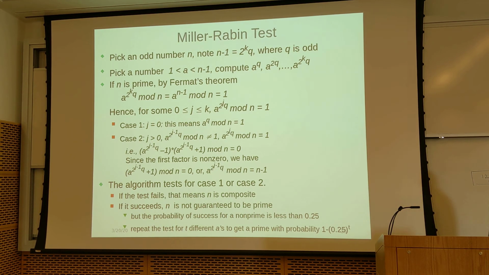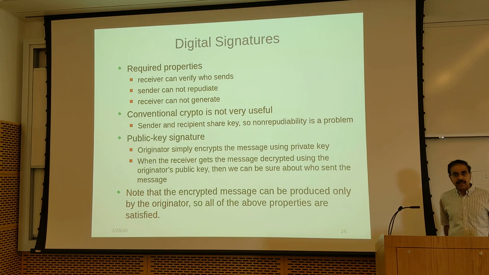Which means that if you set t to be something like 1,000, then this probability is so high that your expected failure rate might be once in many universe lifetimes, right? So again, the probability gets so close to 1 that it's no longer necessary to worry about whether it is really prime or not. Okay, let's stop here.